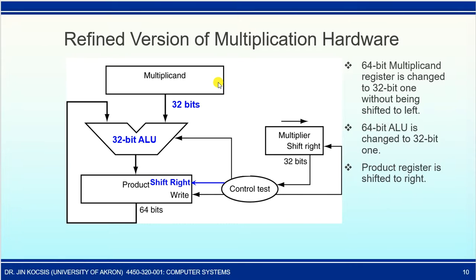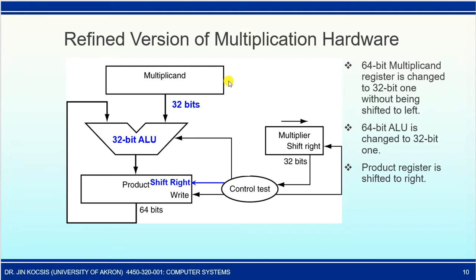Therefore, to implement 32-bit multiplication in MIPS32, all I need is a 32-bit multiplicand register. The product still needs 64 bits.